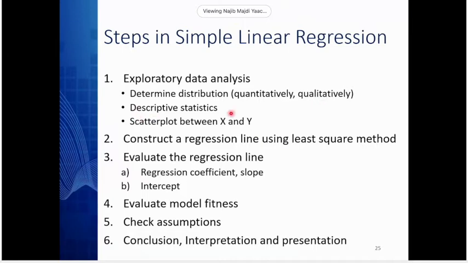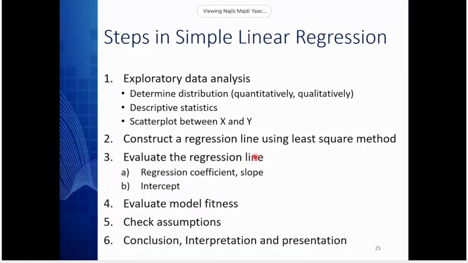You do descriptive statistics, and most importantly, you explore the relationship using a scatter plot. The next step involves getting a regression line using the least squares method. The third step is to evaluate the regression line.